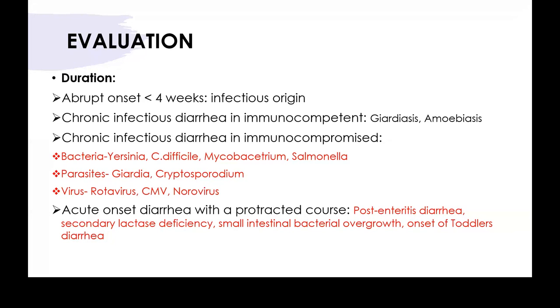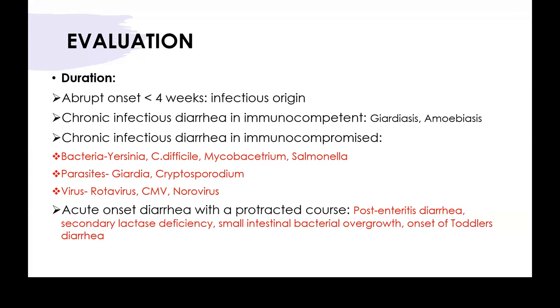If chronic infectious diarrhea is seen in an immunocompromised child, you have to think of the following agents which I have mentioned: Yersinia, C. difficile, giardiasis, Cryptosporidium, rotavirus, CMV. These are all common organisms which can cause chronic diarrhea in immunocompromised children.